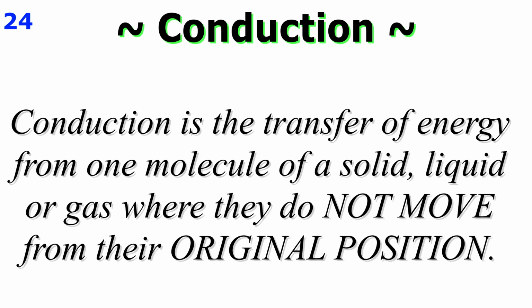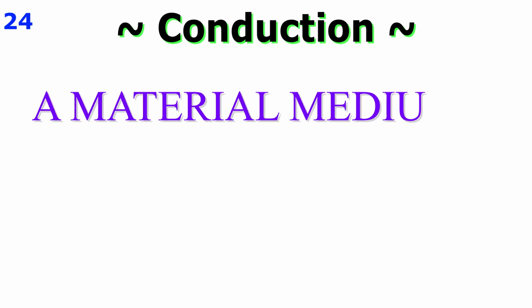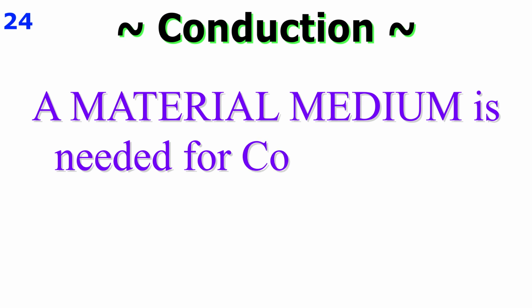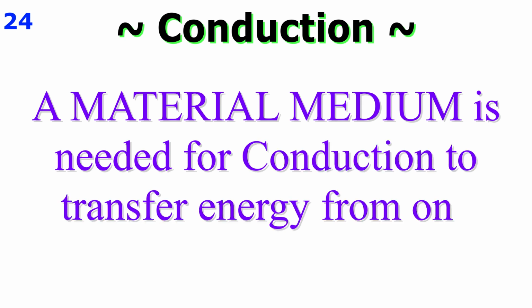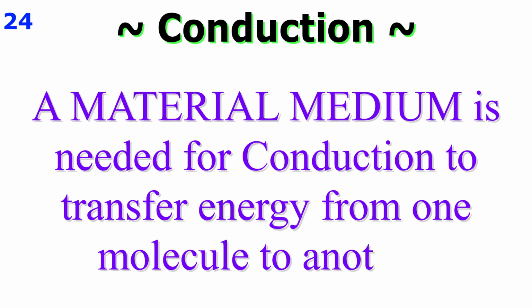Yes, I repeat, remains in its position. In physics or chemistry, conduction is primarily understood as the transfer of heat energy through a material, and conduction can occur in solids, liquids, and gases.